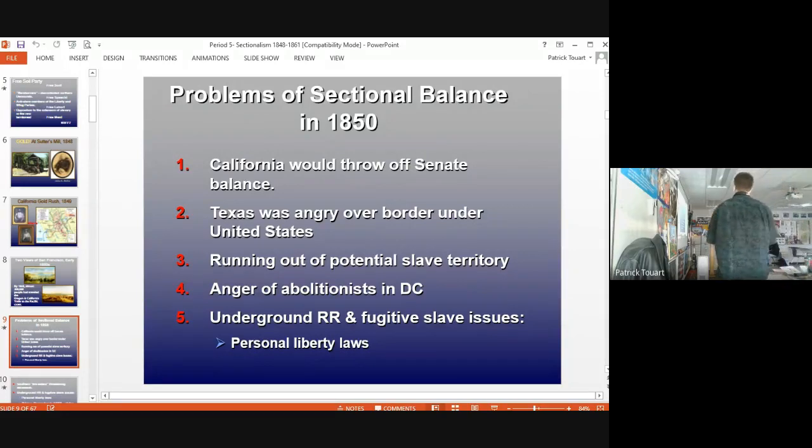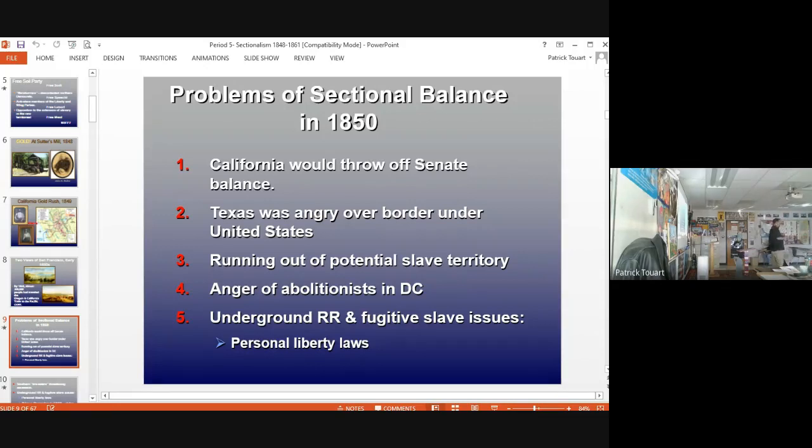And many northern states have begun to, not many, but a couple, Massachusetts notably, have begun to pass laws called personal liberty laws. What these are, a direct statement against slavery, saying if you get to our state, you are no longer a slave, which is in contradiction to the Constitution.